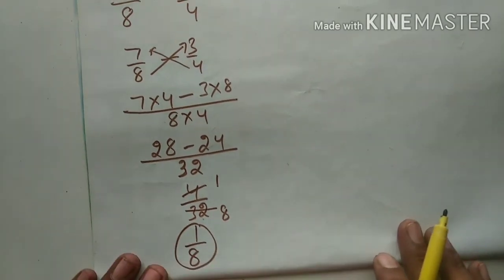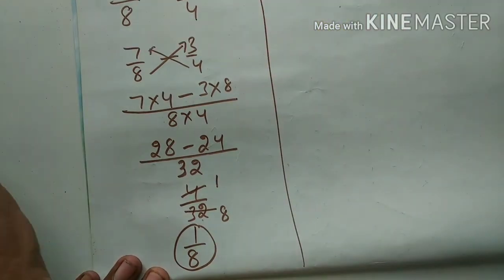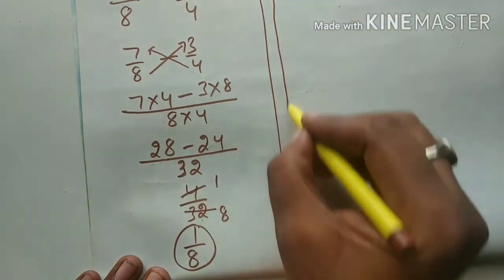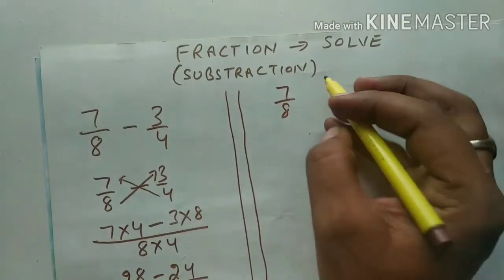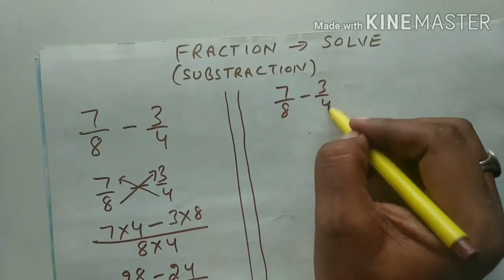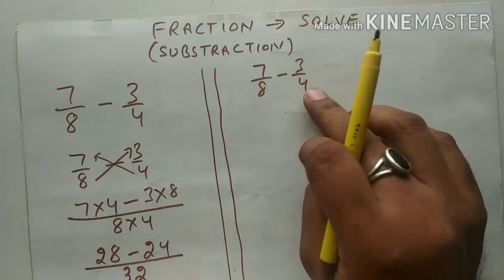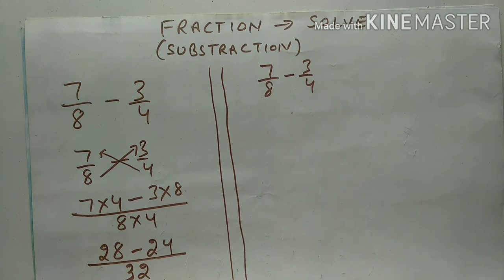Okay student, now we solve this question with a different approach, that is of LCM. 7 by 8 minus 3 by 4. Now student, you can see that this is 4 and this is 8. Now you can see which is the greater number. Greater number is 8.